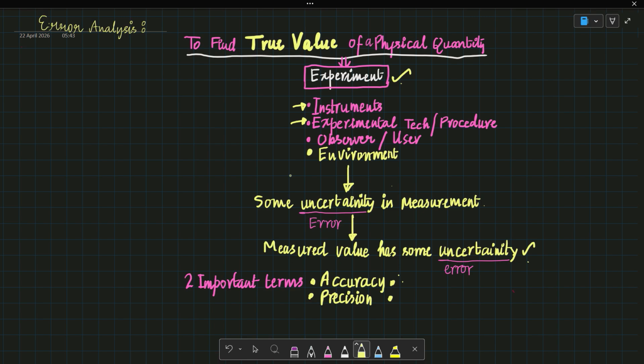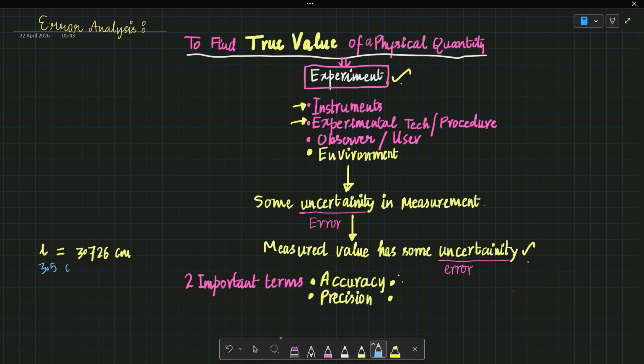So, for example, let's say that we have measured a length, and the true value of the length is 3.726 centimeter. But after measurement, let's say we find 3.5 centimeter.